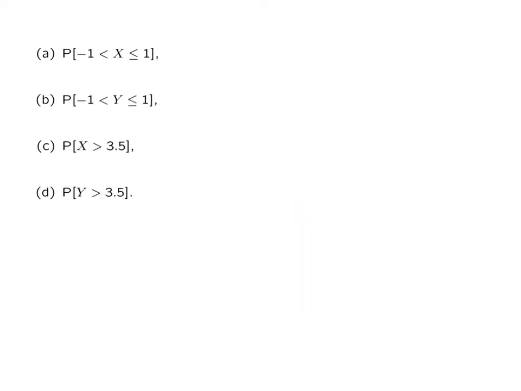Now we're ready to use theorem 4.14 to solve for the rest of the parts of the quiz. Remember, theorem 4.14 says that the CDF of x, when x is Gaussian with parameters mu and sigma, is equal to the phi function of x minus mu over sigma.